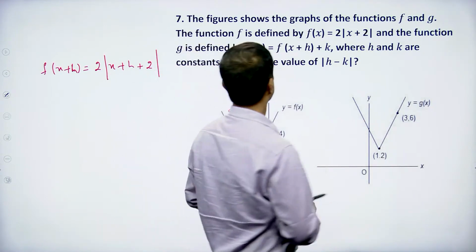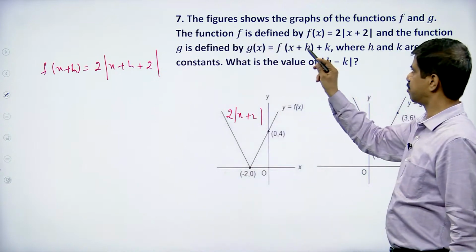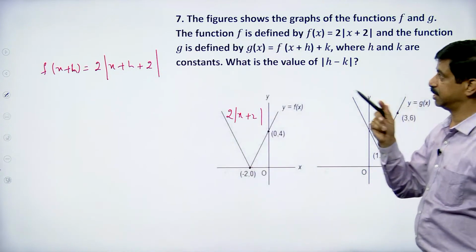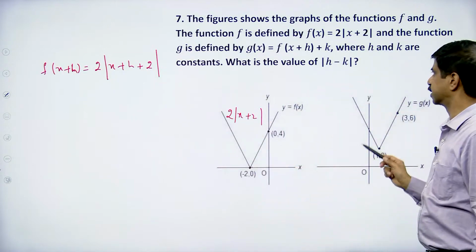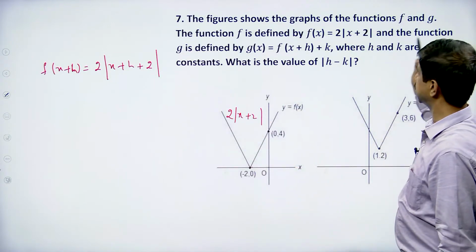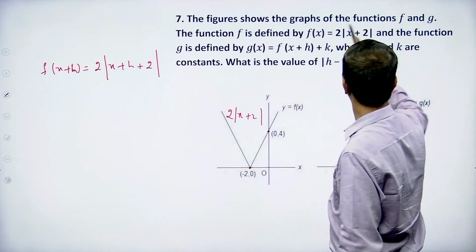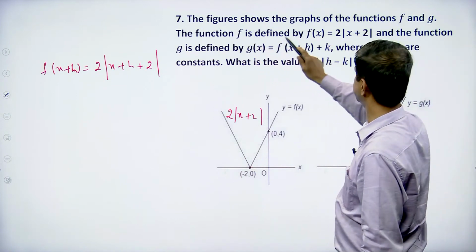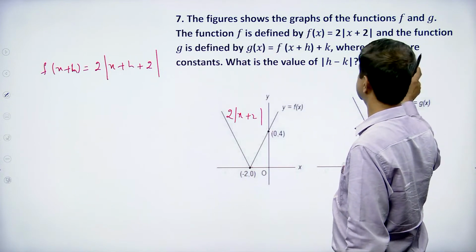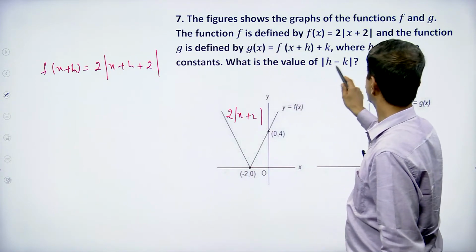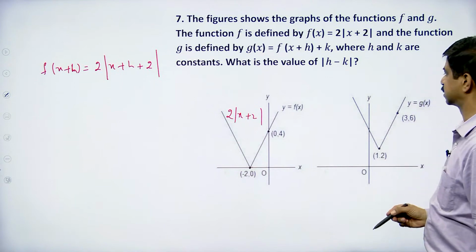So now what happened? G of x is f of x plus h plus k, means we got f of x plus h plus k we need to take. So now what is that he said? The figure shows the graphs of the function f and g. The function f is defined by this and the function g is defined by this, where h and k are constants. What is the value of mod of h minus k?